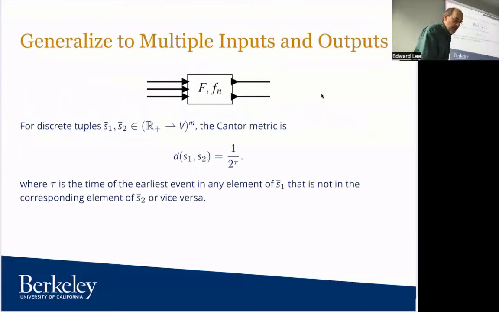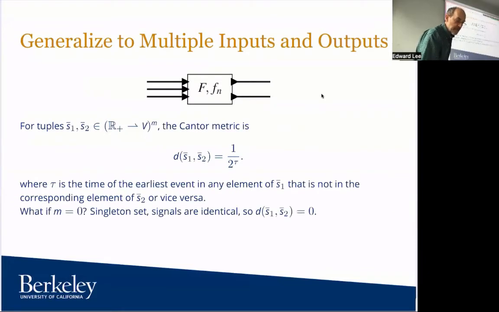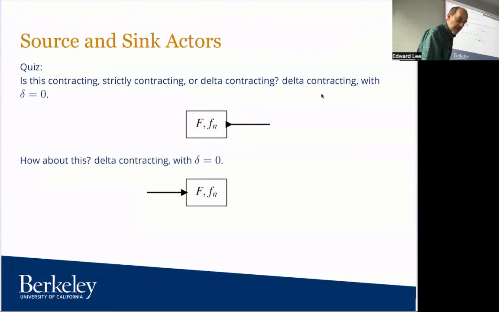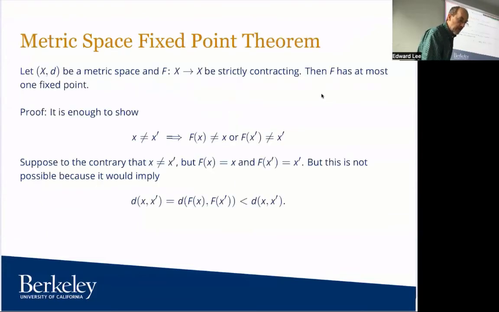So you can generalize this to multiple inputs and outputs, no problem. You just have to work on tuples of signals, but I think I will spare you the details of that. You can handle reactors with no inputs or no outputs.